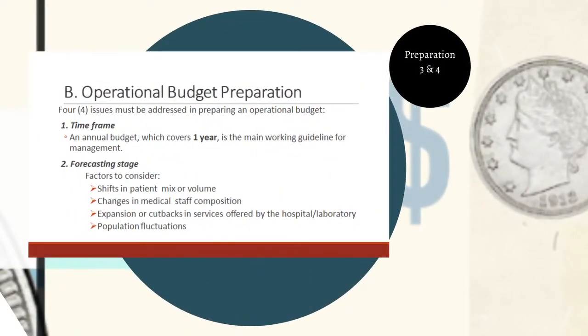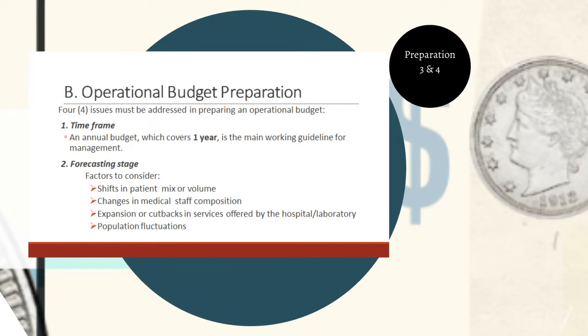To prepare a budget, four issues must be addressed. One is time frame, second is forecasting stage, third is scheduling, and fourth is synthesis of information. Time frame is an annual budget which covers 1 year. This is the main working guideline for management over a year.